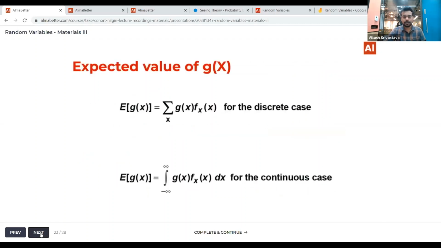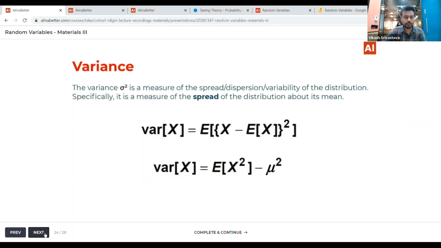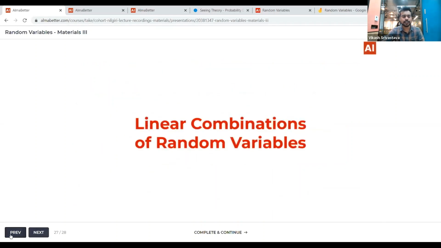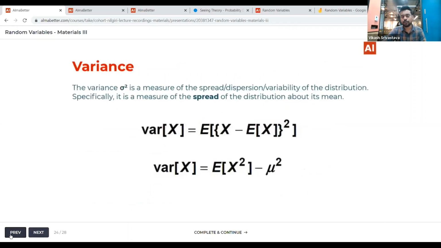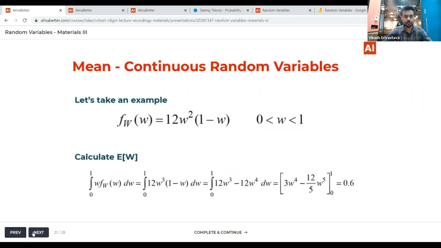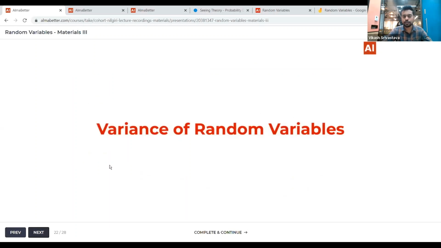So, variance of a random variable. I think what I'll do is cover these concepts tomorrow, because it's already late. From tomorrow we'll start with the notion of variance.